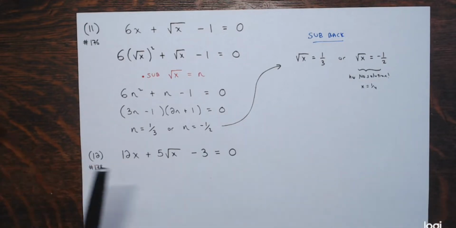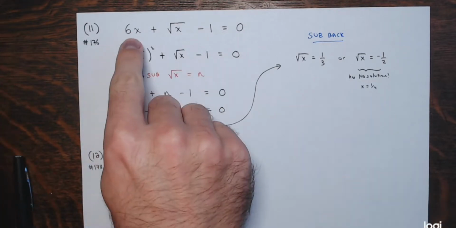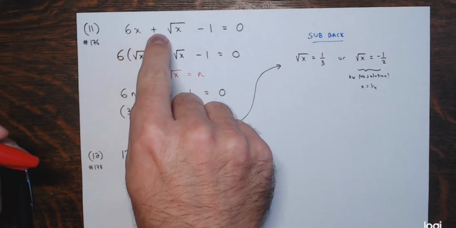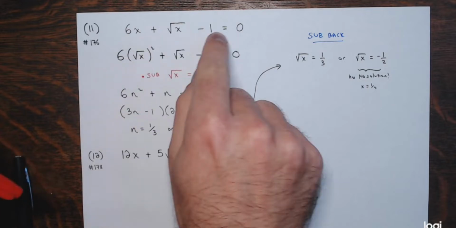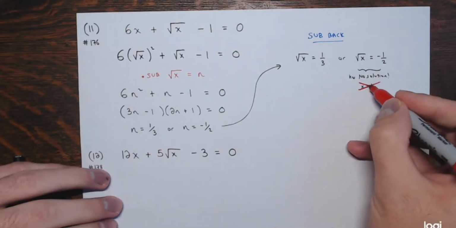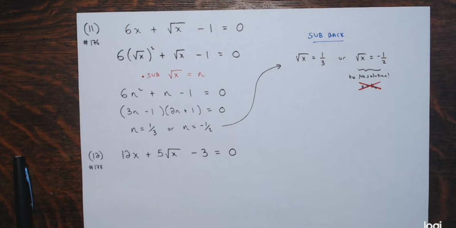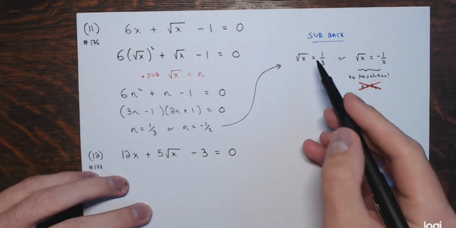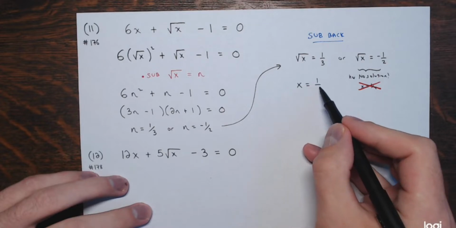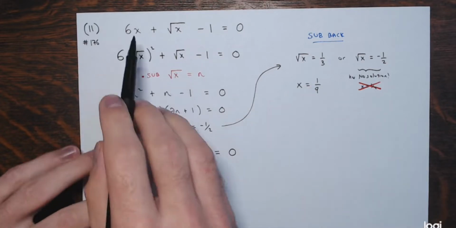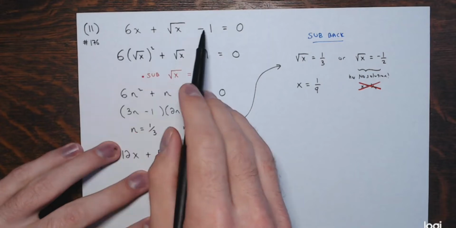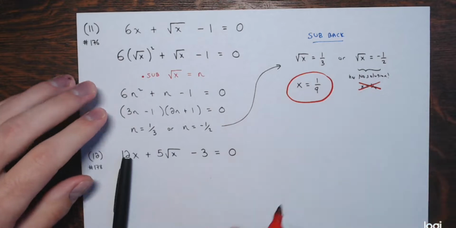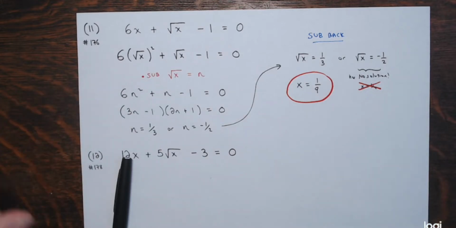Even in the original equation, 6 times 1/4 is 1 1/2, plus the square root of a quarter, which is a half, that's 2, minus 1 equals 0. That's false. So you're not getting a solution from that equation, but you will from this one. You square both sides and get x equals 1/9. Then check: 2/3 plus 1/3 is 1, 1 minus 1 is 0. Fantastic. So 1/9 is the only solution here.